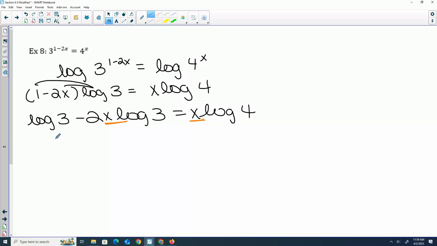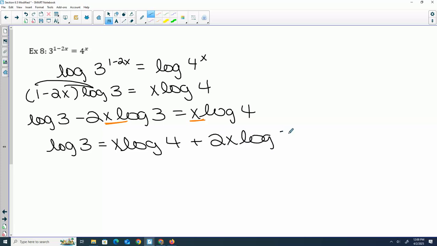This on the same side. So we can add over the 2x log 3. Now, unfortunately, these logs aren't like terms, so I can't combine them, but they both have an x, so what do you do? Take out the x.